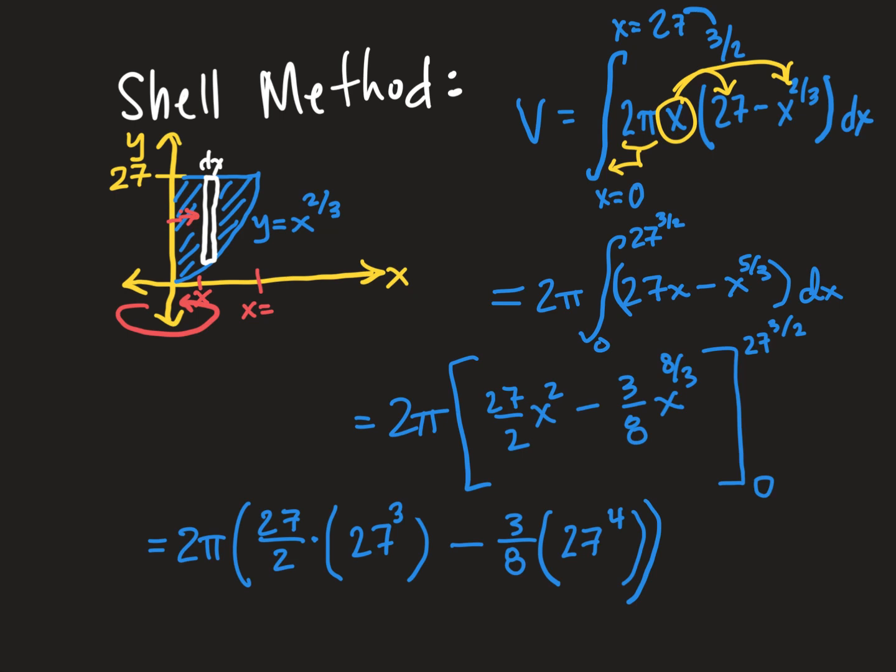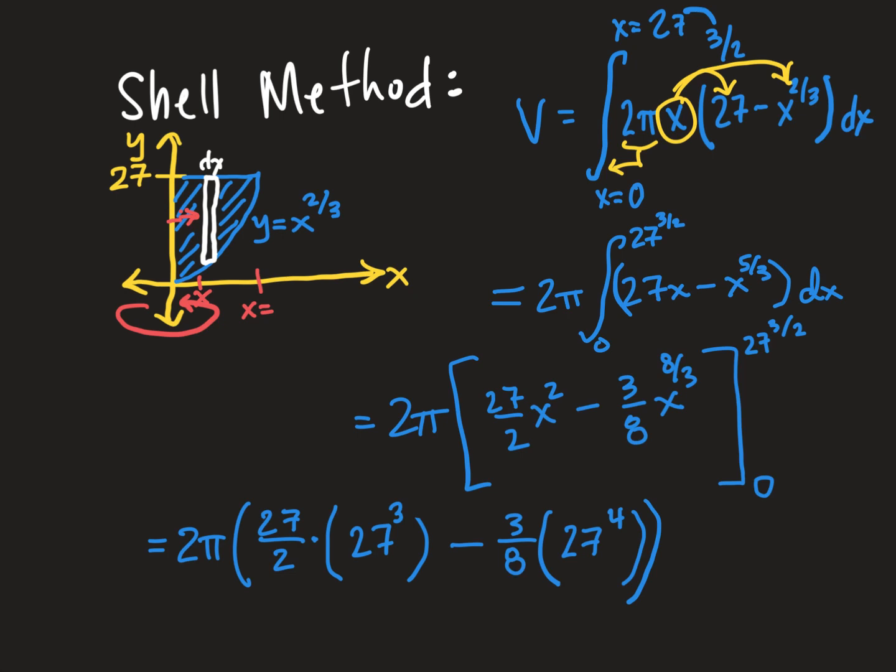For example, I'm seeing that we're multiplying a 27 to the 3rd power times another 27, which is going to give me a 27 to the 4th power, which is nice because here I have a 27 to the 4th power, and in some ways we can think of just adding or subtracting so many 27s to the fourth. And I do like that, and I think that's going to be the good way to go. But I'm also anticipating some stuff and thinking, should we get common denominators here and here, or should I distribute this 2 and simplify, but then we'll still need common denominators here and here.